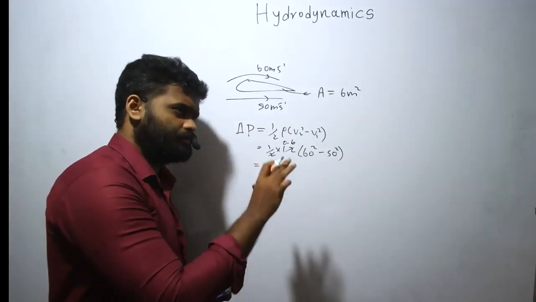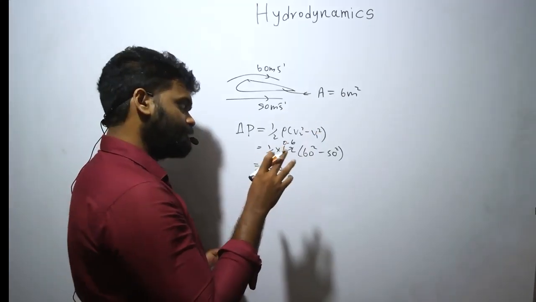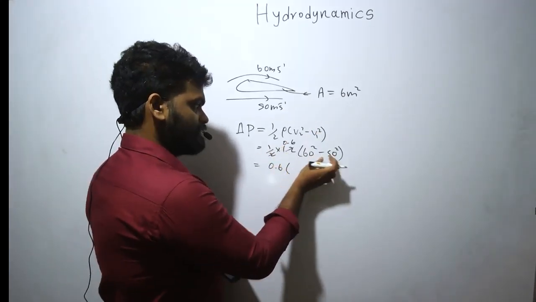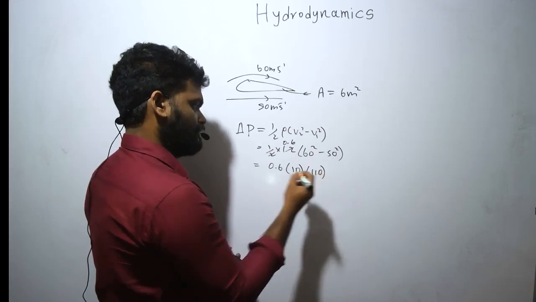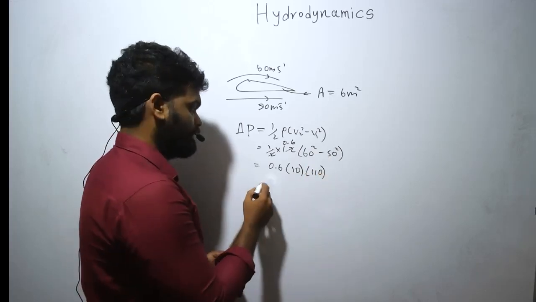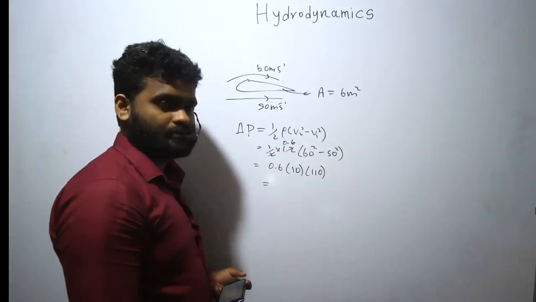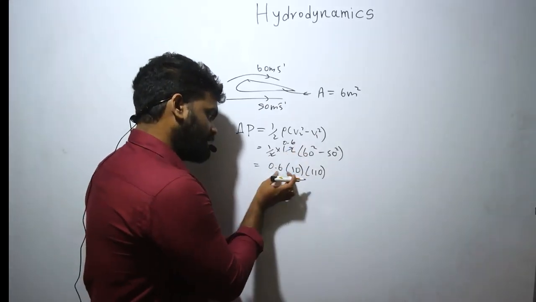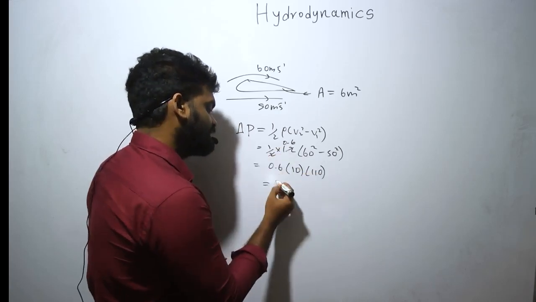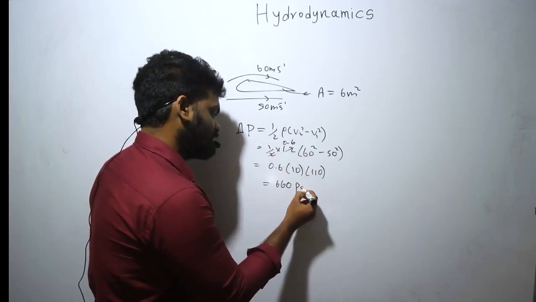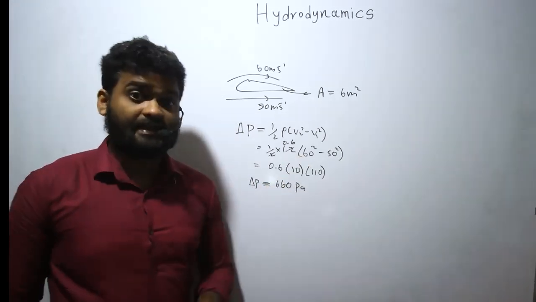You are not going to find 3600 and 50 squared. It is better to go like 60 minus 50, 60 plus 50. Right? Always use the simplest way to get the answer. Okay, 0.6 times 10, 6. 6 times 110 is 660 Pascal. So that's the delta P, 660 Pascal.